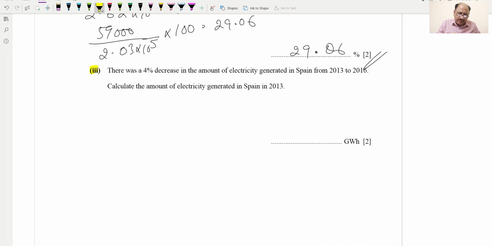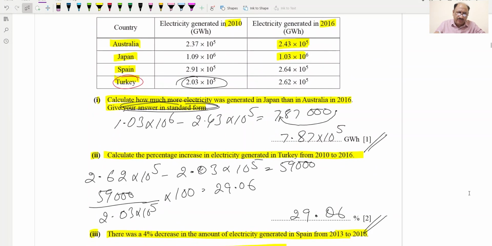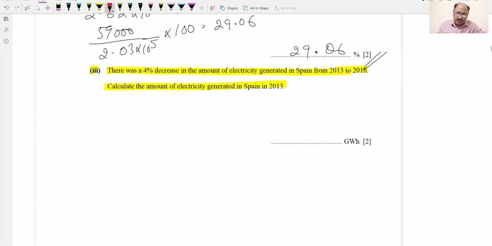Now this one, part 3, there was a 4% decrease in the amount of electricity generated in Spain from 2013 to 16. Calculate the amount of electricity generated in Spain in 2013. So this is a reverse percentage question. 2016 electricity generation for Spain we have, and that one is 2.64 into 10 raised by 5, and we have to find the decreased generation in 2013.